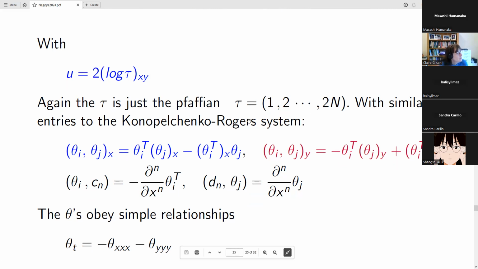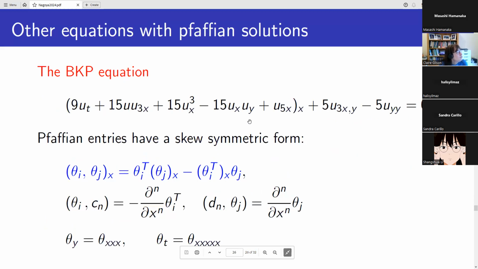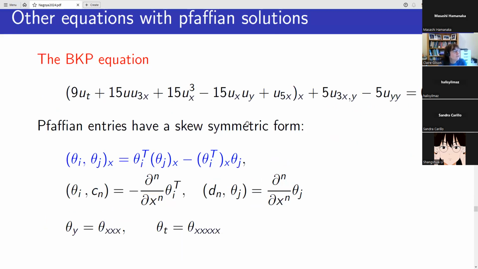And then finally, I want to show you the BKP equation, because this has the same structure again. And so again, in theory, one can turn it into quasi-Pfaffians in the commutative case without any trouble. So this one is a fifth order equation, and here x is a weight 1 variable.